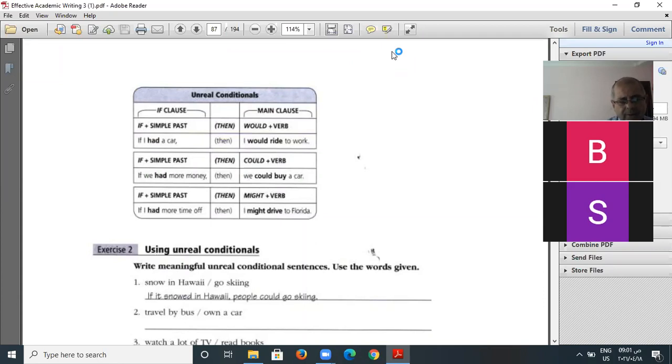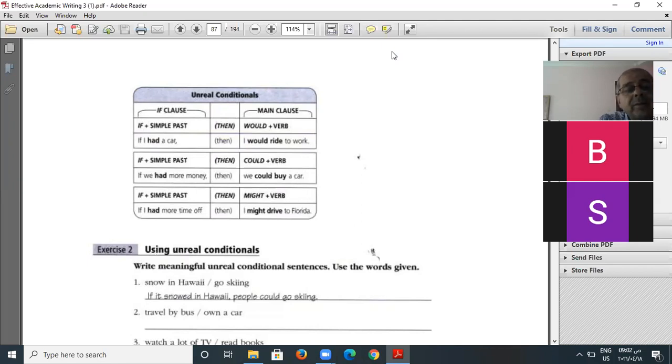Another example برضو if you start a sentence with if clause we use simple past. We say if I had more time off, then هنا we use might plus the verb، فبنقول I might drive to Florida. إذا لاحظنا بالإف كلوز كله simple past had. بالمين كلوز we use would أو could أو might حسب طبعا معنى الجملة. طبعا هنا we start all the sentences or the examples here with if clause then we should use comma.